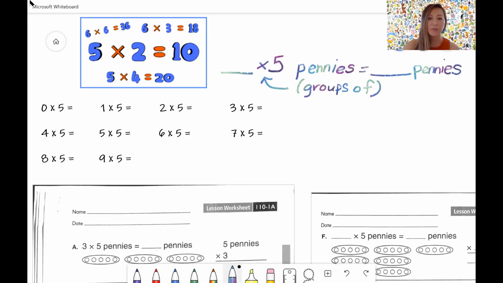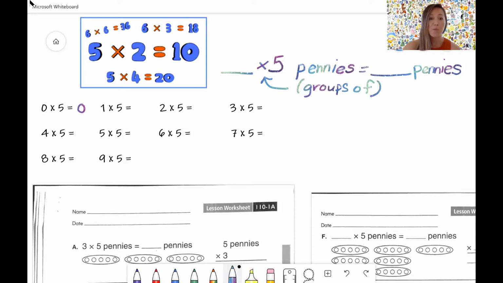Okay, here we go. Let's go through the facts first. 0 times 5 pennies. If you have nothing, you can't really have groups of anything, right? So you already know your zeros. 0 times 5 is 0. 1 times 5: a group of 5 pennies means there's still 5 pennies there.